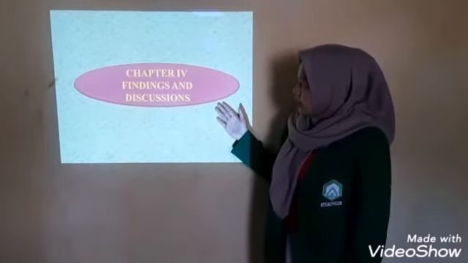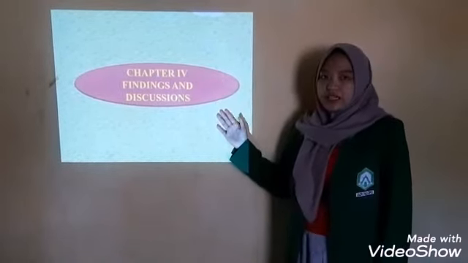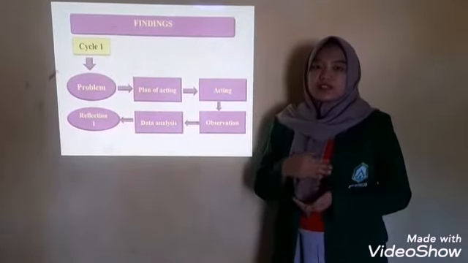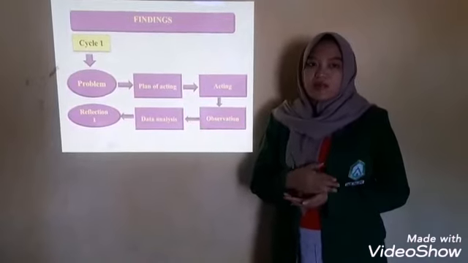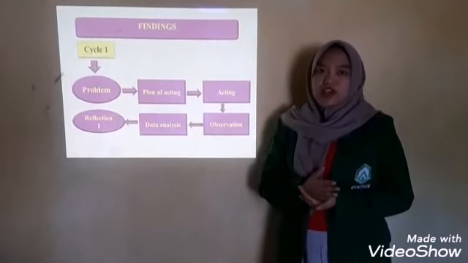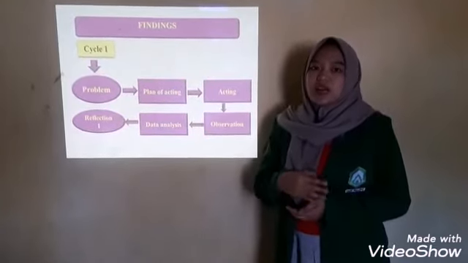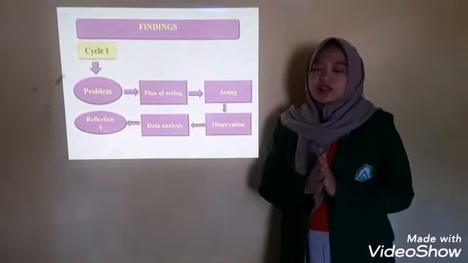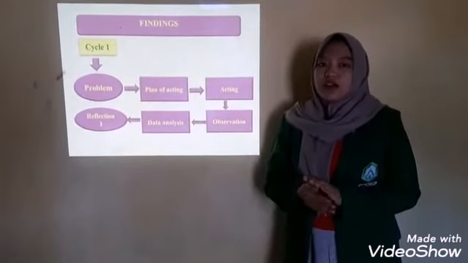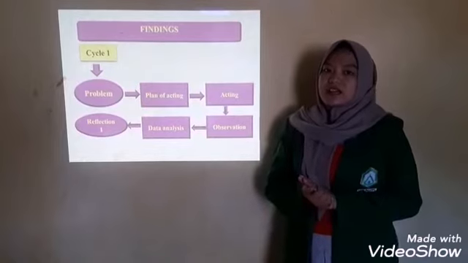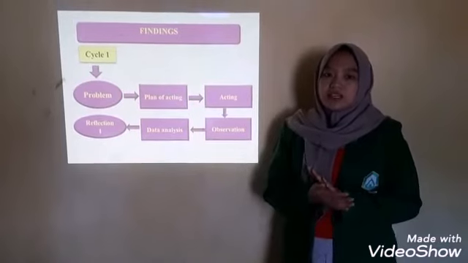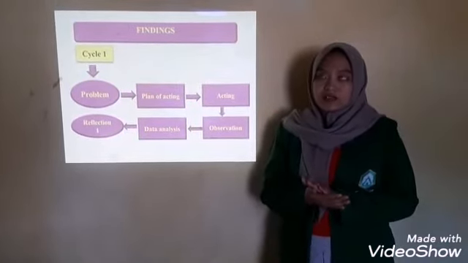Okay, Chapter 4, findings and discussion. In the previous description, it has been explained that the data analyzed in this research use qualitative description. The explanation is that the data from the cycle and observation are analyzed and explained in the cycles of the learning and teaching process in this classroom action research.